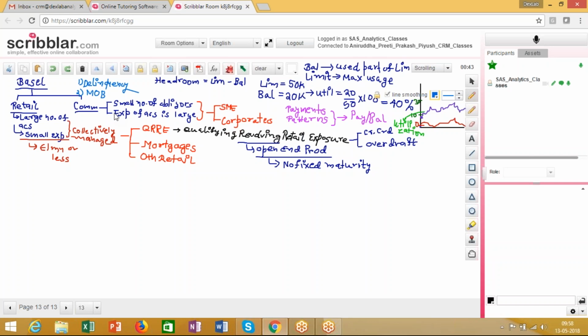We are already exploring the behavioral set of models, so all these variables are sourced from the behavioral patterns of the borrower.